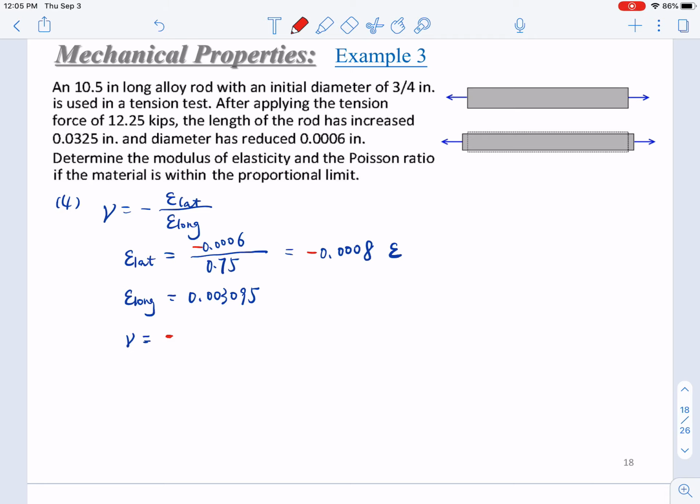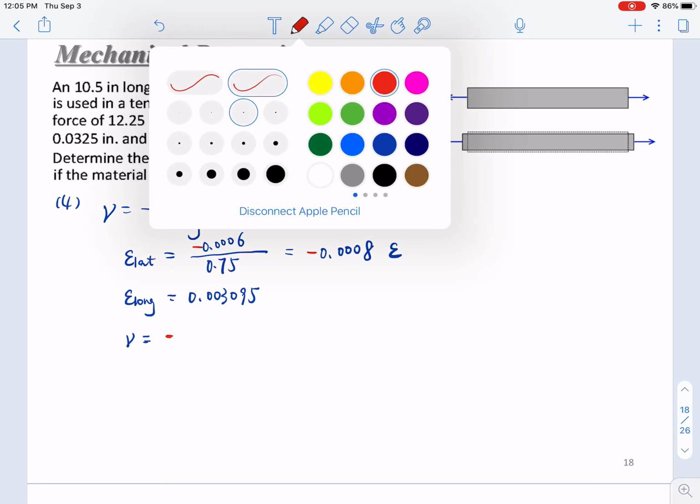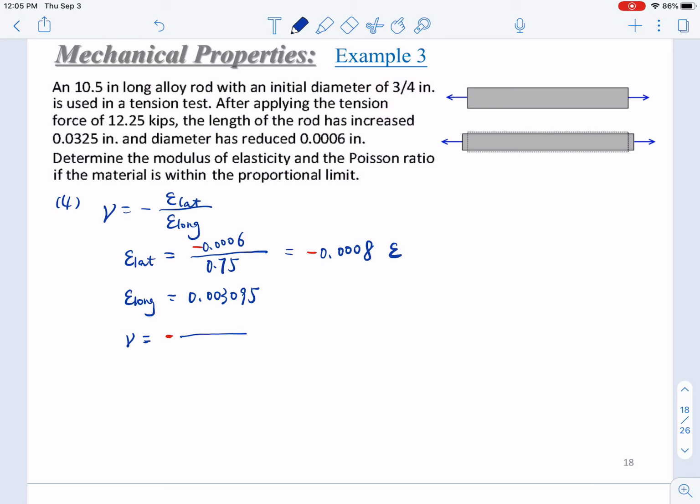So don't forget the negative sign here: negative 0.0008 over 0.003095. The result is 0.258. Okay, we're done with these calculations.